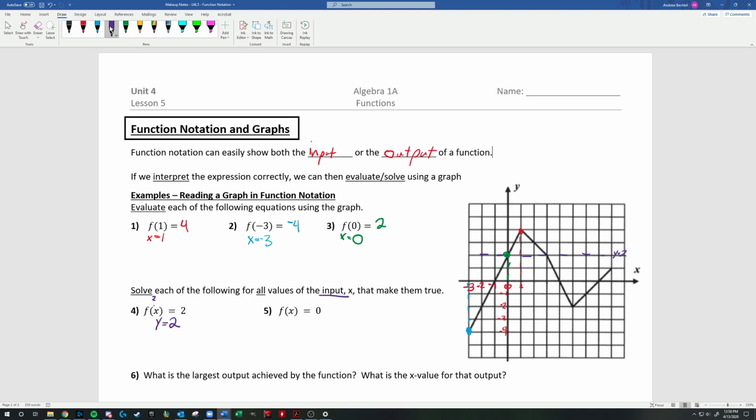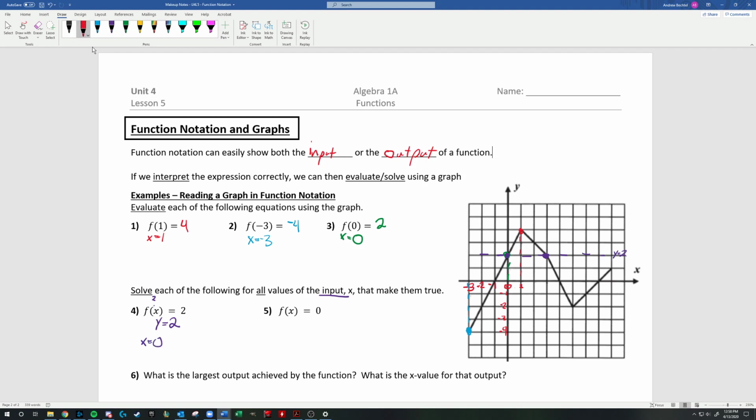This is that level. And then we look and we see that the line would cross here, but also here on the graph. We have more than one input that could get us this output, which again is fine. We're not lined up vertically. These are side by side. One of those points is at 0, so we can go ahead and say x equals 0 is one of our answers.